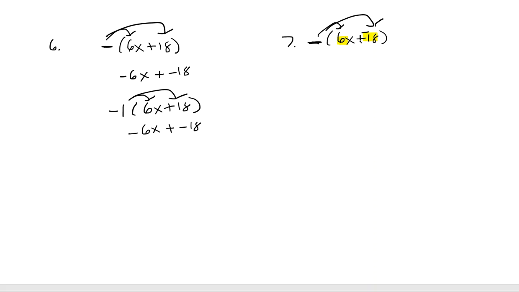So a 6x becomes a negative 6x, and a negative 18 becomes a positive 18. And again, if you want to think about this as being a negative 1, sometimes that's helpful. So negative 1 times 6x is negative 6x, and negative 1 times a negative 18 is a positive 18.